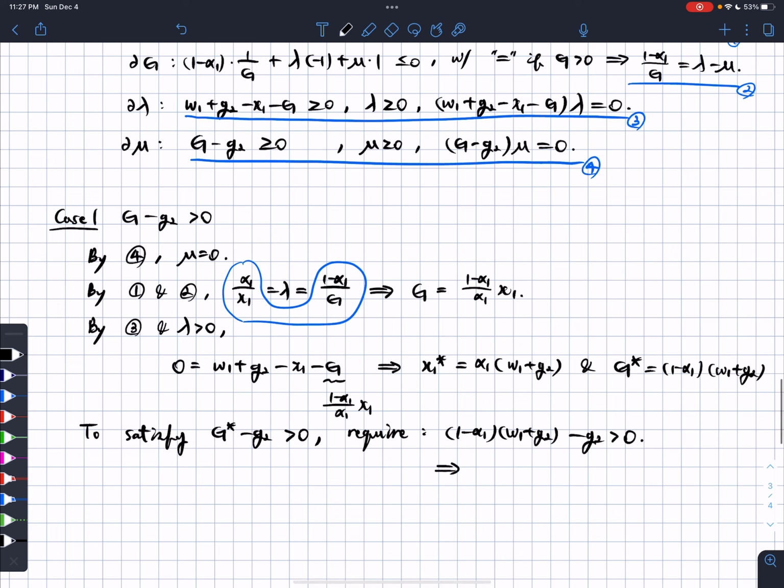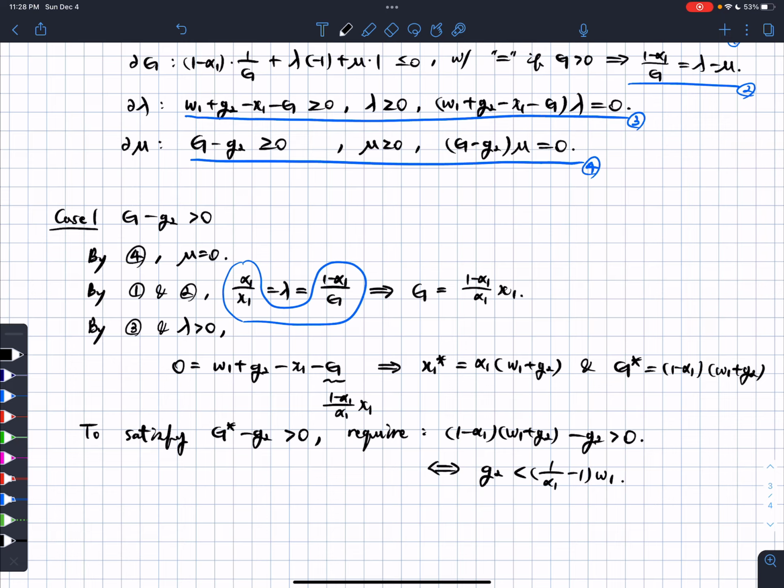This is an inequality involving G2, so I can solve for G2, and what you have there is that G2 is smaller than this much. Okay?